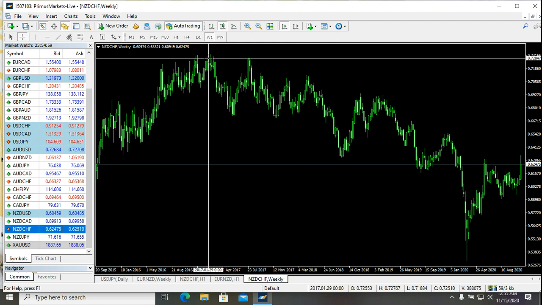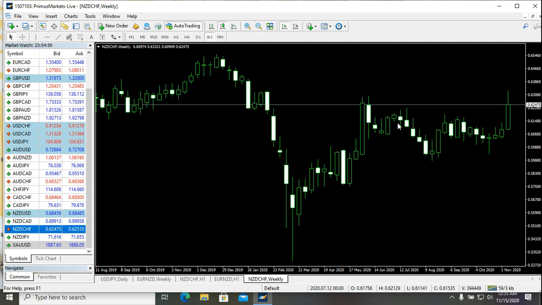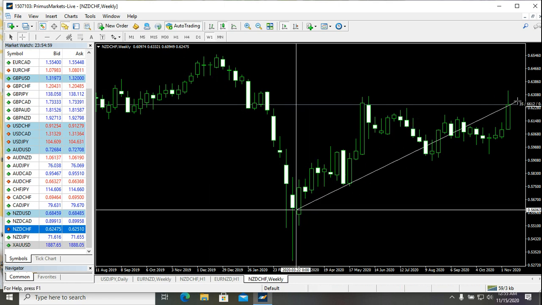If you look at it from that angle, it is on the downtrend on the general chart. This is what you see looking at the bigger picture. The bigger picture is on a downtrend, but when you look at the current movement in the market, one will say that yes, this pair NZDCHF has been on the up move.